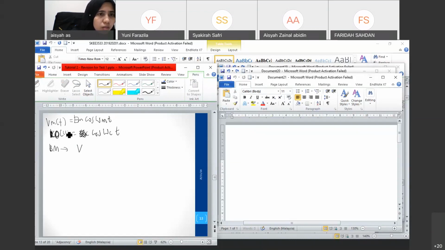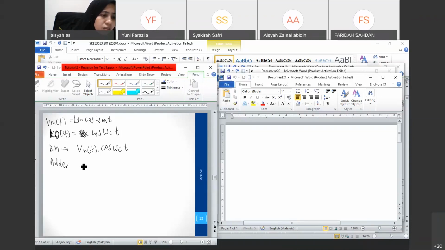So VMT times cos omega CT, and after that it goes through the adder.